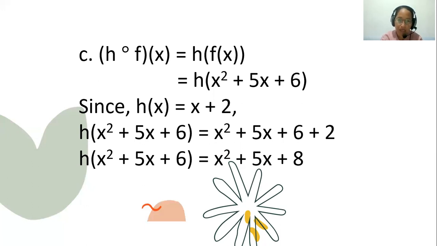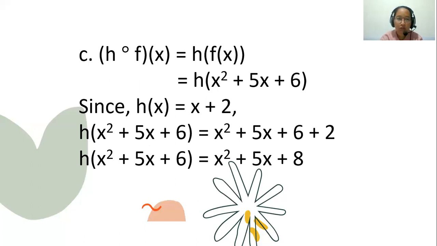What's the value of f of x? That is x squared plus 5x plus 6. Since h of x is equal to x plus 2, we need to replace the variable x by the value of f of x, which is x squared plus 5x plus 6.